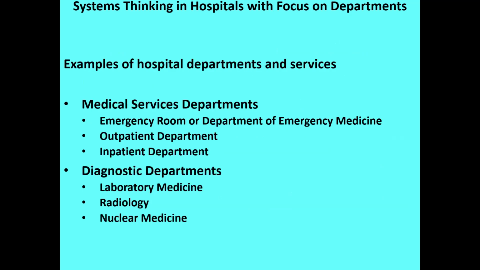Medical services departments will include the different departments like emergency room or department of emergency medicine, outpatient department, inpatient department, and then diagnostic departments. So examples of diagnostic departments will be the laboratory medicine department, radiology, ultrasound, and others that can be created by the hospital.